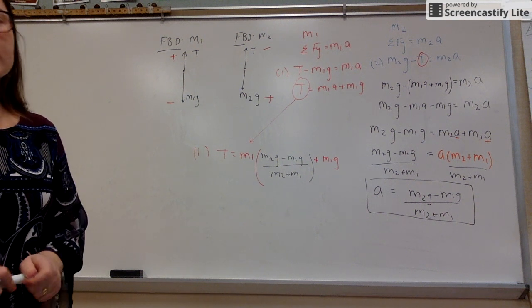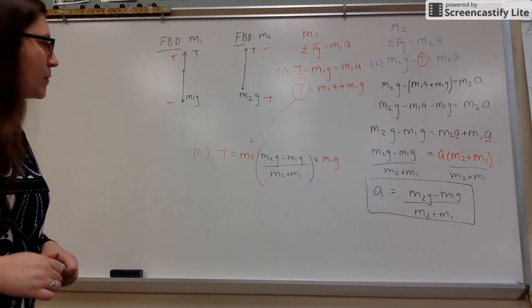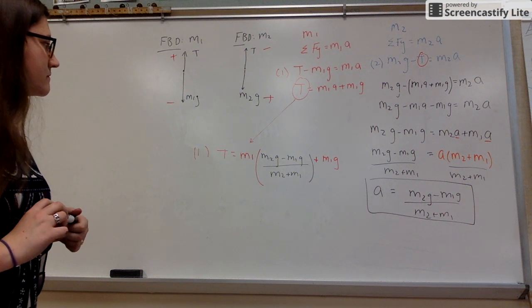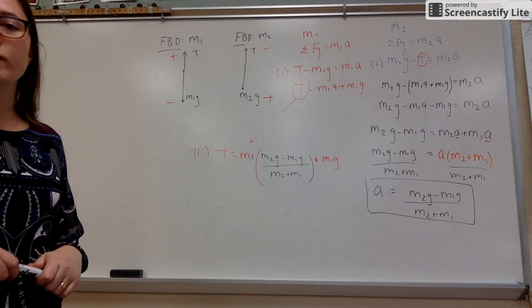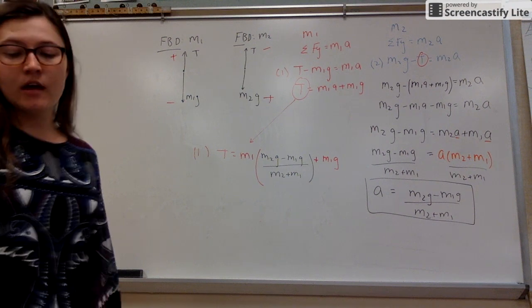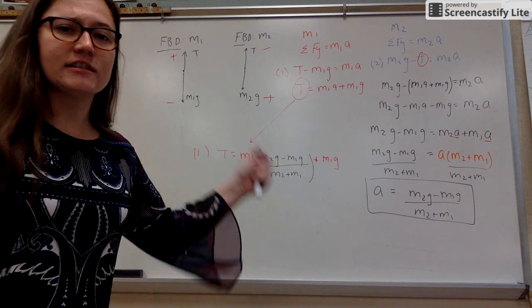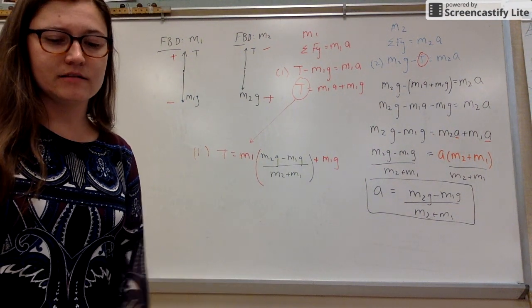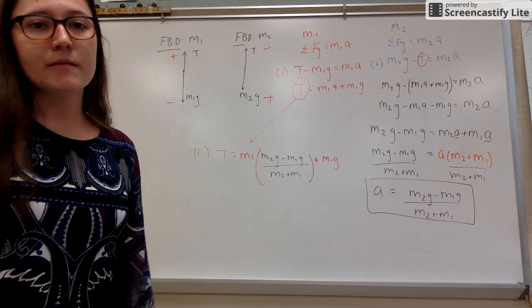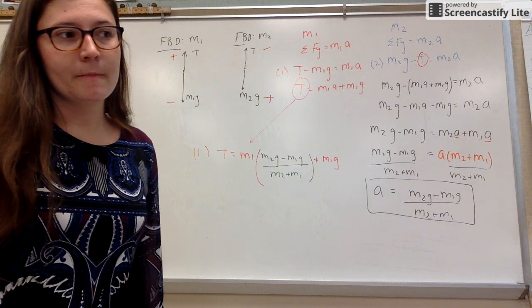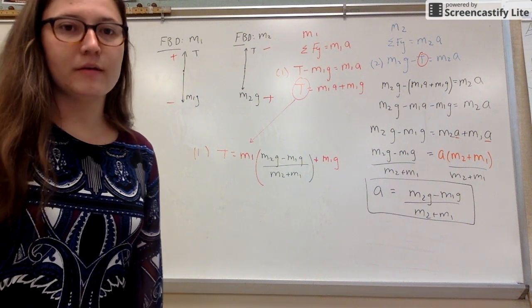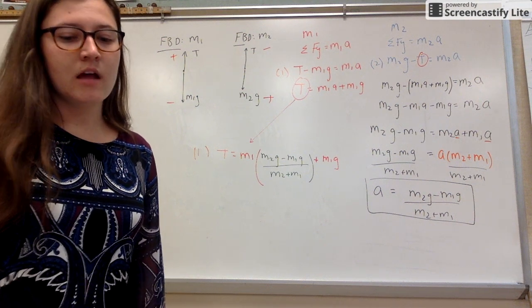We could technically simplify this a little bit, but for the sake of this example, that would be your final answer. Typically we would have numbers, so we would plug in those numbers to solve for the tension, the same way that we've been doing examples in class.